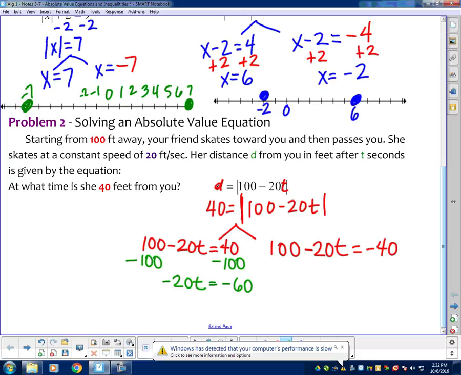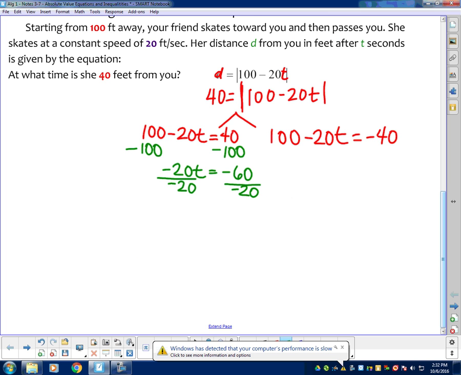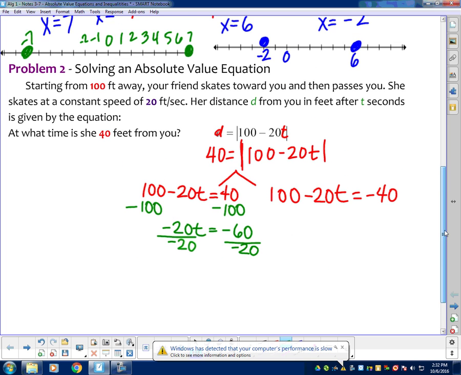Divide by negative 20, yes. What's an easy way to do this if I drop off the zeros? What's 6 divided by 2? So T equals 3 seconds.